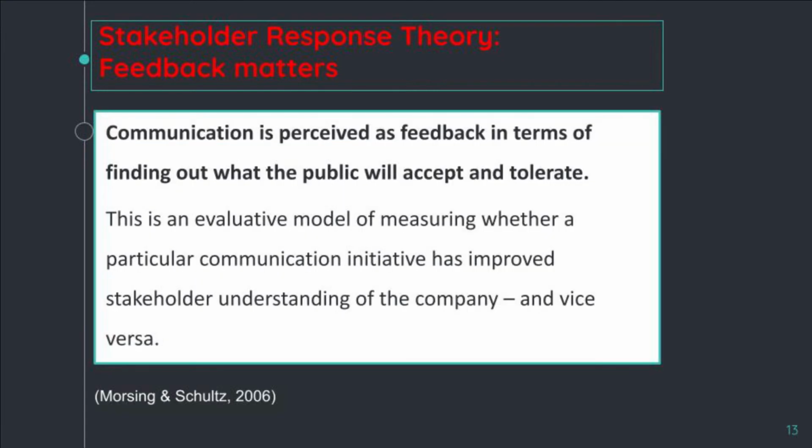So in the stakeholder response theory, communication is perceived as feedback in terms of finding out what the public will accept and tolerate. This is an evaluative model of measuring whether a particular communication initiative has improved stakeholder understanding of the company and vice versa. So in stakeholder response theory, feedback matters.